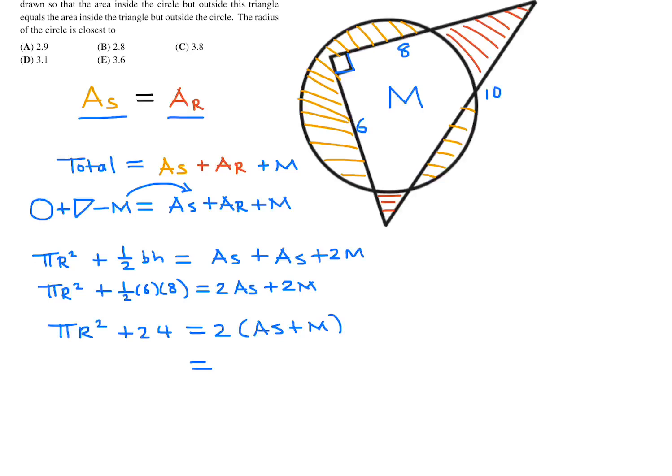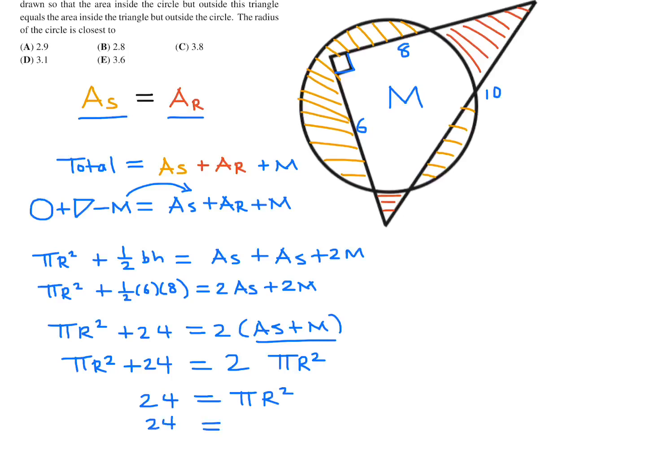Did you figure that out yet? I want you to figure out, what is this right here? AS plus M. It is the area of the circle. That's all that is, which is pi r squared. Okay? And therefore, we have now got it in a form where we can calculate the radius. We got 24. Bring the pi r squared over and you just get 1 pi r squared.